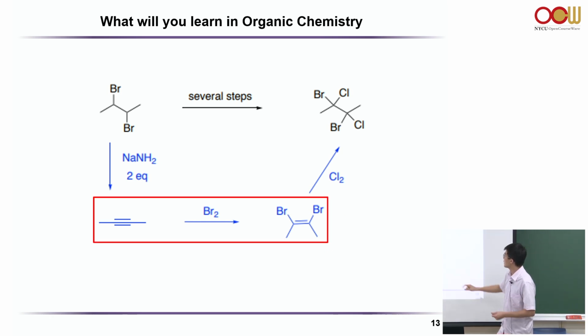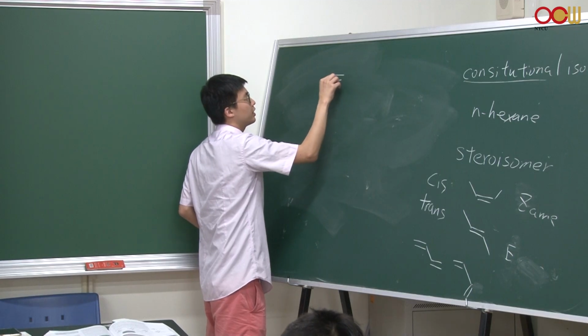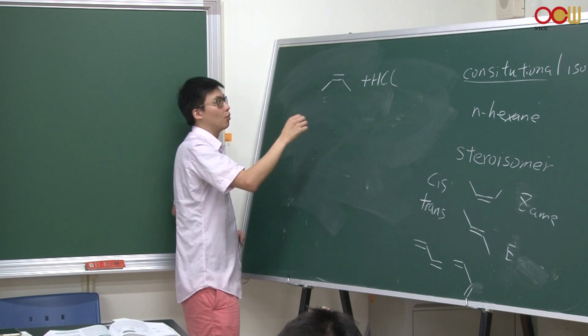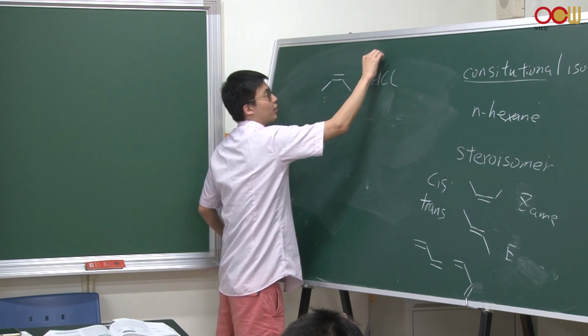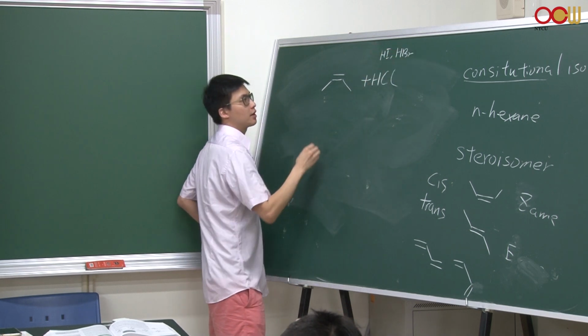For this reaction mechanism, let's start with this reaction. In the presence of a strong acid, whether it's HI or HBr, they all do the same thing.